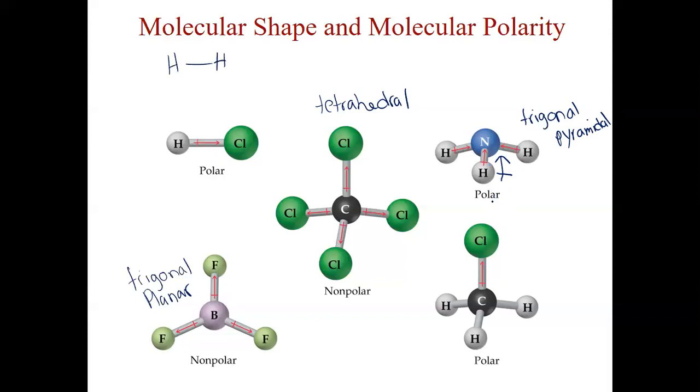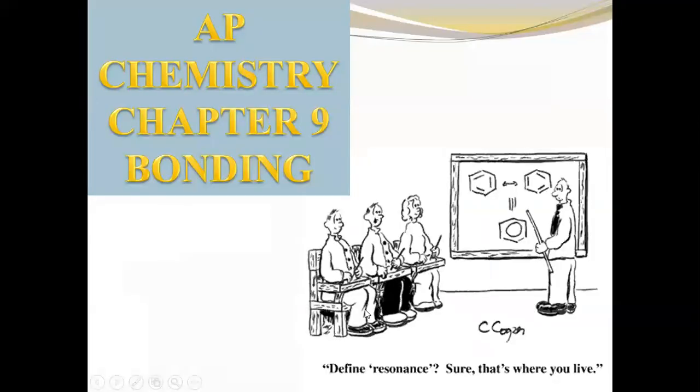And then an example of a tetrahedral that is not symmetrical, has one atom that is different, CH3Cl. This is going to be polar, and the dipole moment is shown here, going towards that chlorine atom.